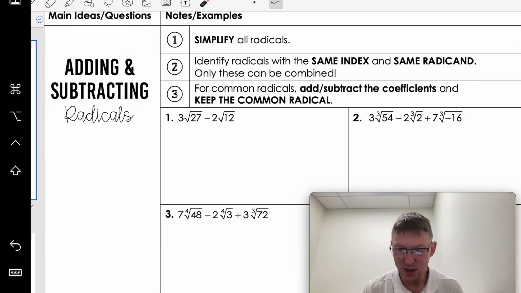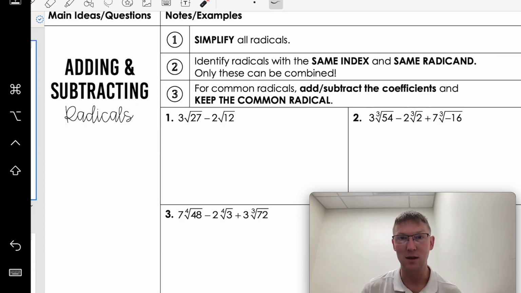But the catch here is, again, you have to have the same index and same radicand. This number has to be the exact same. This number has to be the exact same. Other than that, you're just adding and subtracting coefficients, and you can treat the radicals like variables. They have to match exactly, and when they do, you're just going to add and subtract.